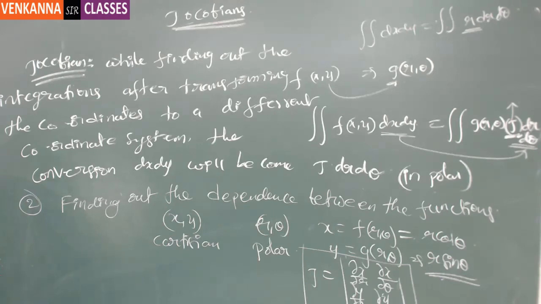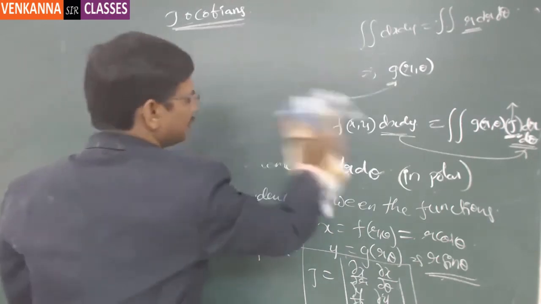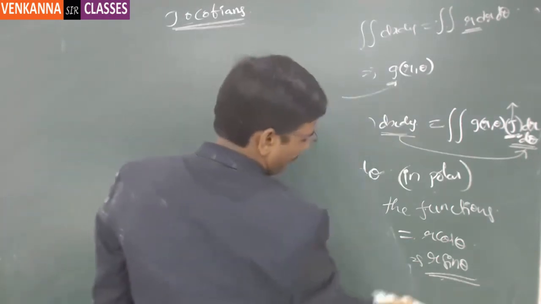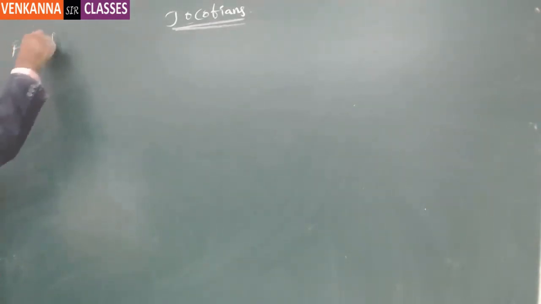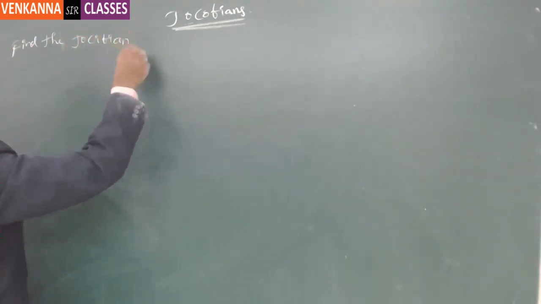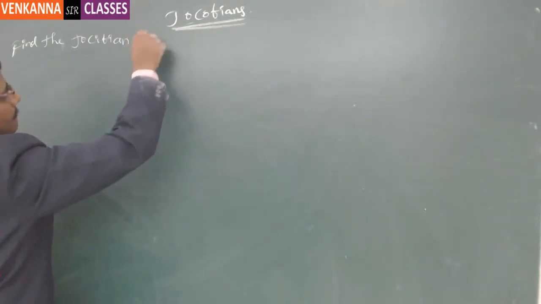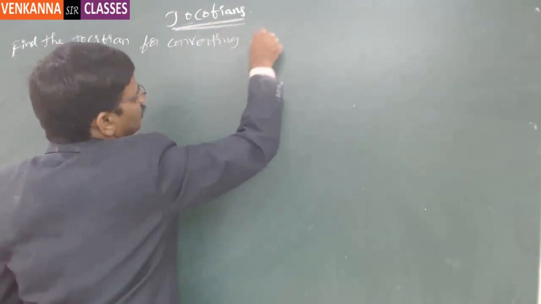Then first we will take the simple case. Find the Jacobian for converting Cartesian to polar.